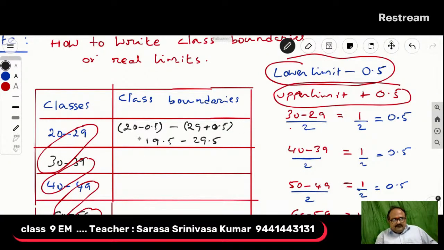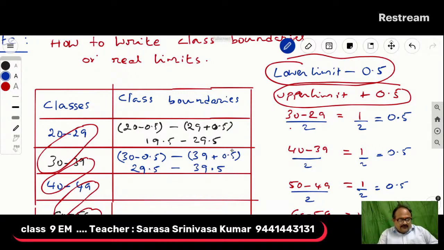So in the next step, here also 30 minus 0.5 to 39 plus 0.5. So this class interval becomes 29.5 to 39.5.